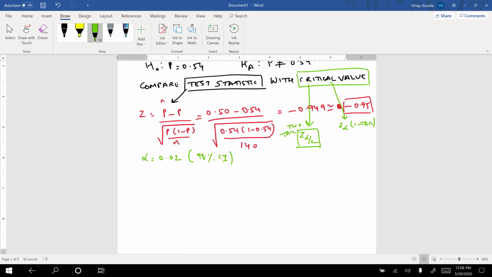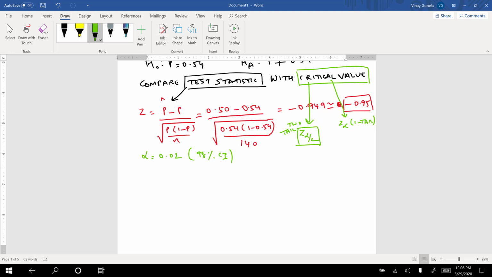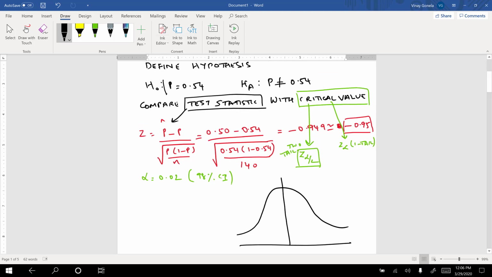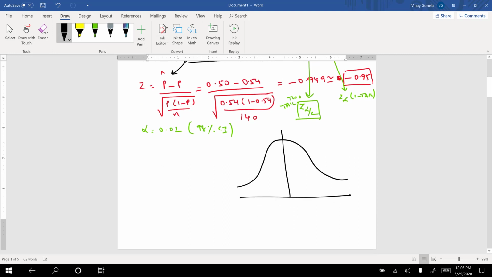Now I will try to represent this in a normal distribution curve and see if we can understand. I have a normal distribution curve, and this curve represents the publisher's claim, which is p equal to 0.54. They gave us alpha as 0.02.